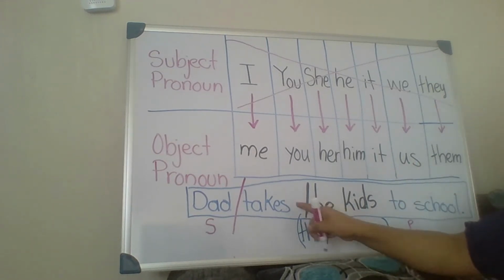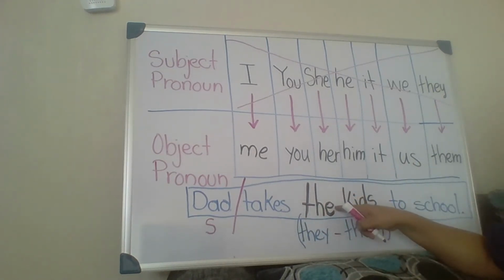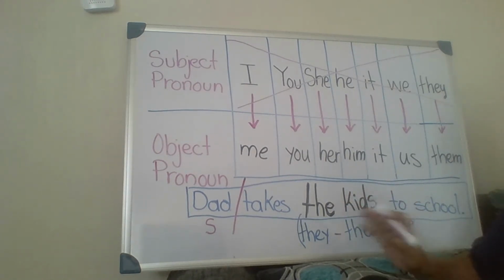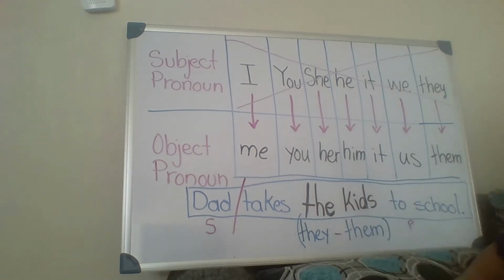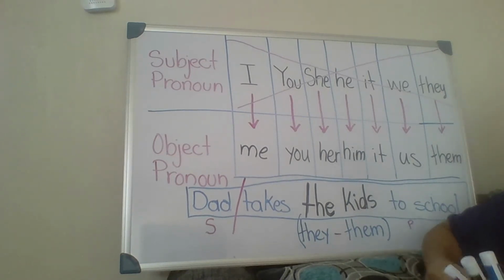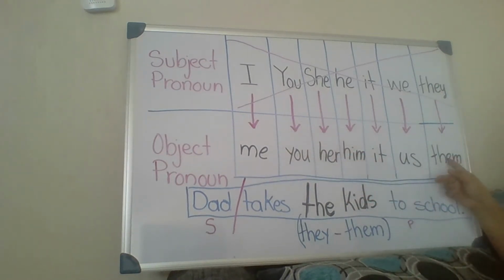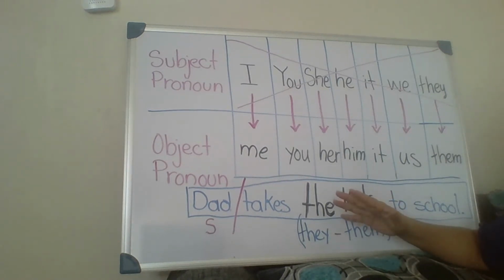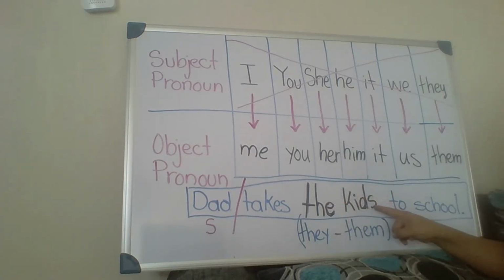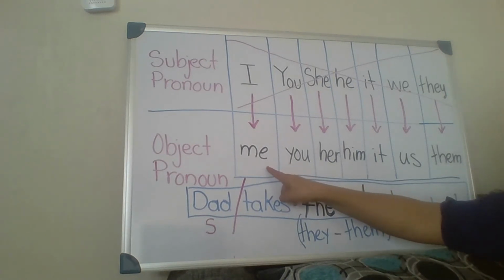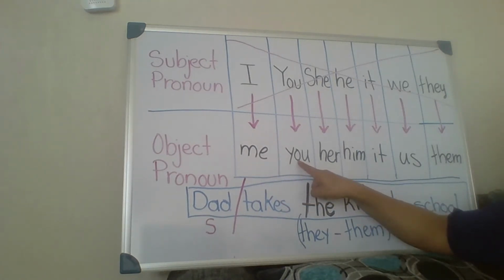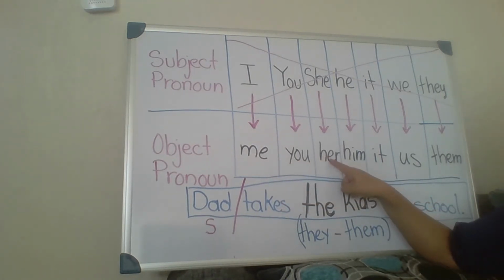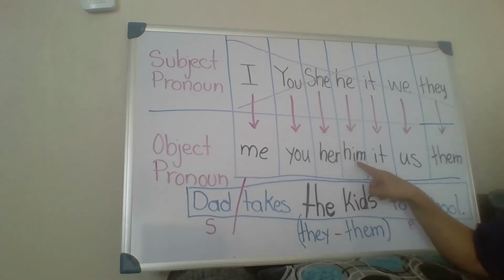Now, look at the words in bold. Bold means black, very, very black. Okay? The kids. Which object pronoun talks about two, three more kids? Me? You? Her? A girl? Him?